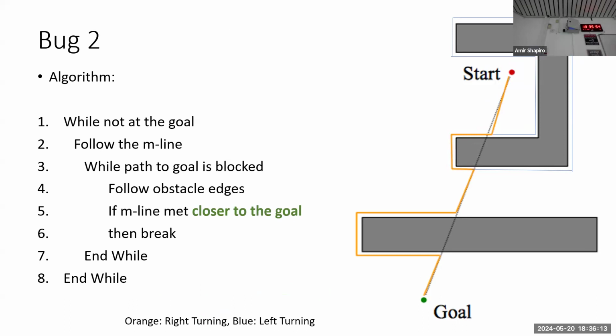So if we go around either from left or from right, we cannot here. It's not closer to the goal, so we are not advancing. So we want to leave there. We go all the way until the leave point here. So this is the correction.